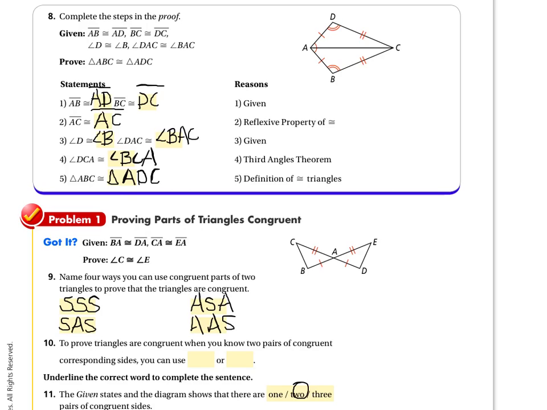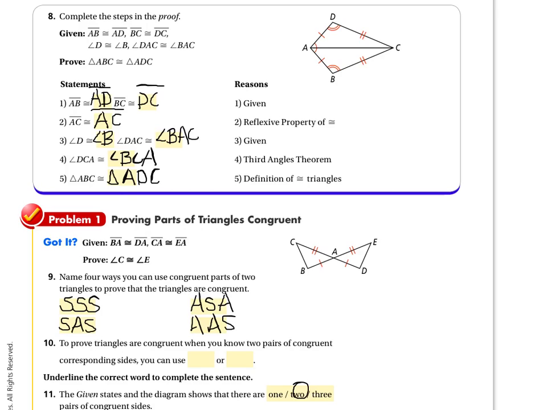On number 8 here at the top, we're going to complete this proof, and we're given that segment AB is congruent to segment AD, and segment BC is congruent to segment DC. What we're trying to prove is that triangle ABC and triangle ADC are congruent.